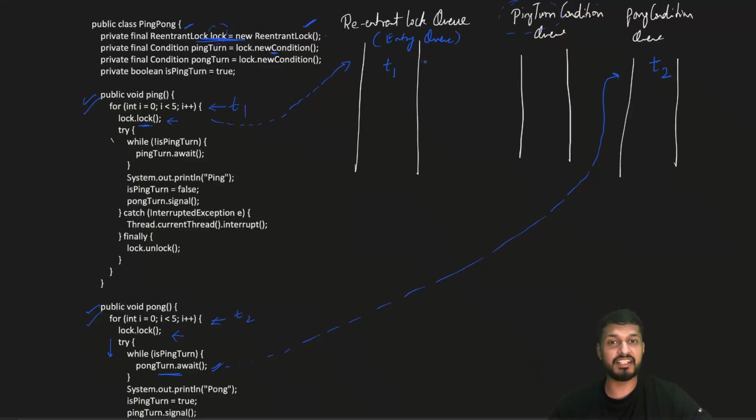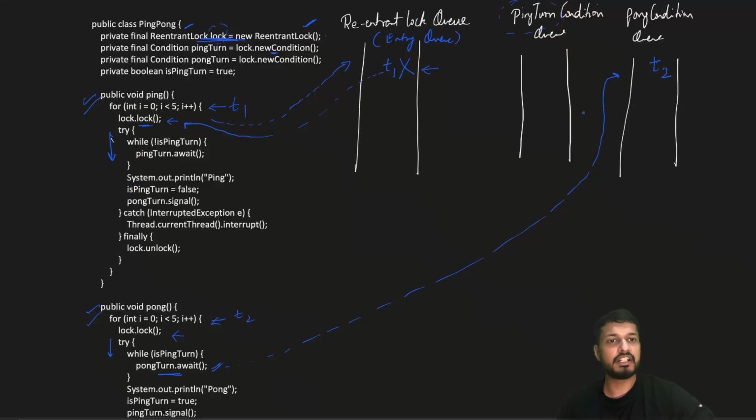So our scheduler will go ahead and check what is there inside the entry queue. Inside the entry queue, T1 was waiting for the lock to be released. So T1 will be removed from this queue and T1 will acquire the lock, and then it will try to execute these further instructions.